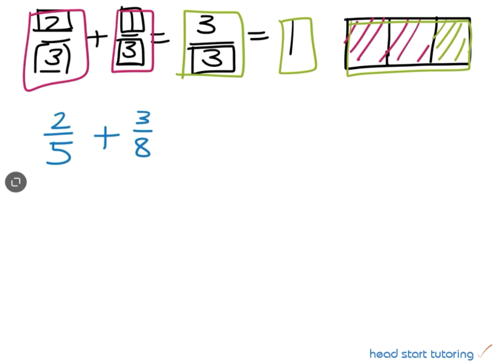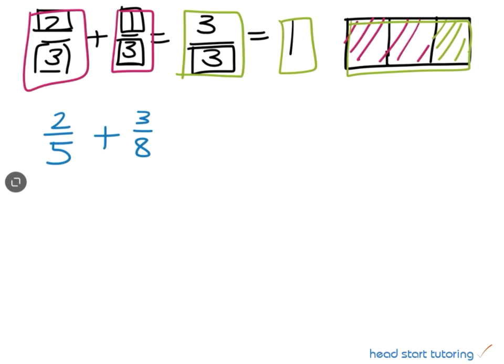So because we know that 5 and 8 will have a common multiple, we need to try and find their lowest common multiple. So we can count in 8s until we get to a multiple of 5. So we start with our bigger number 8 because we should count fewer numbers before we get to a multiple of 5 than if we were to count from our smaller number first.